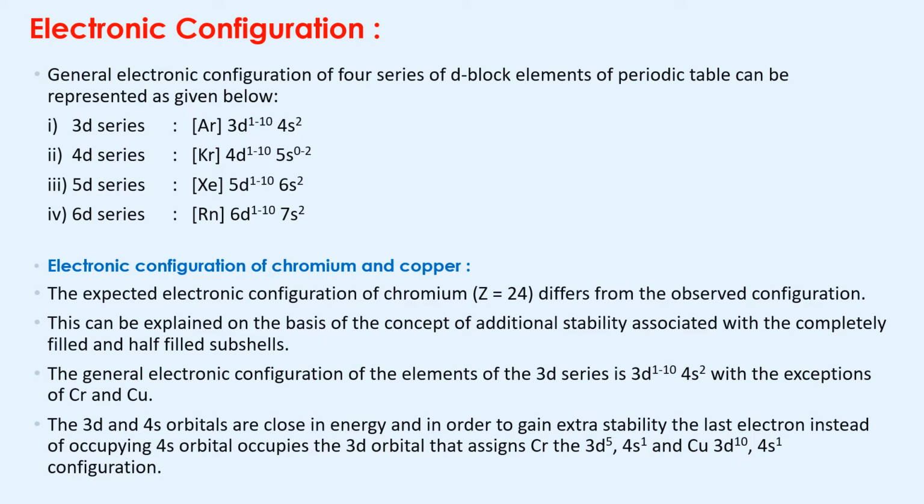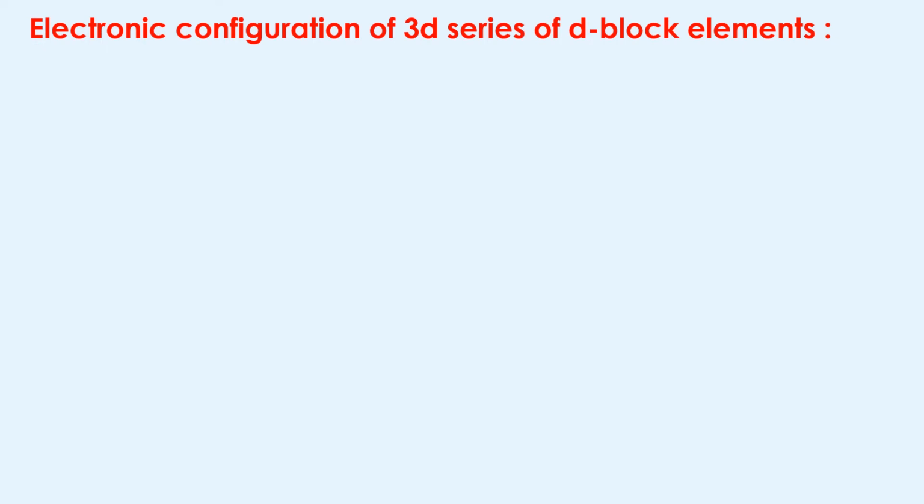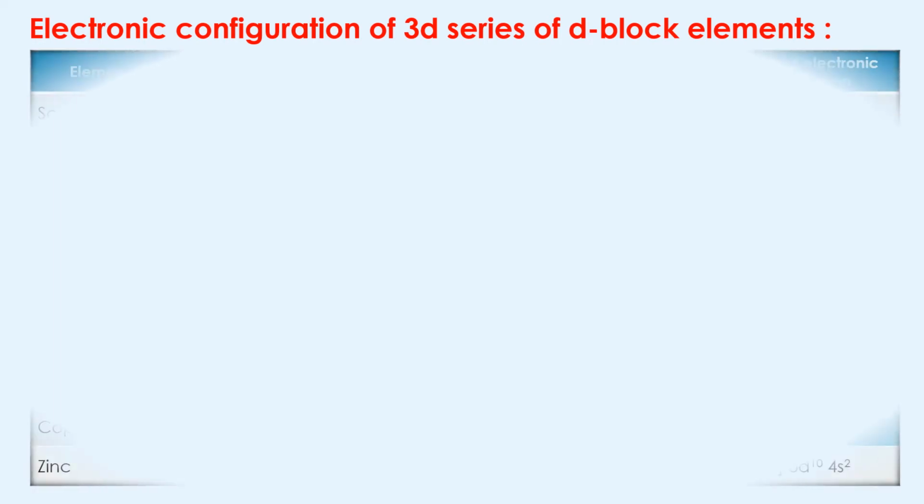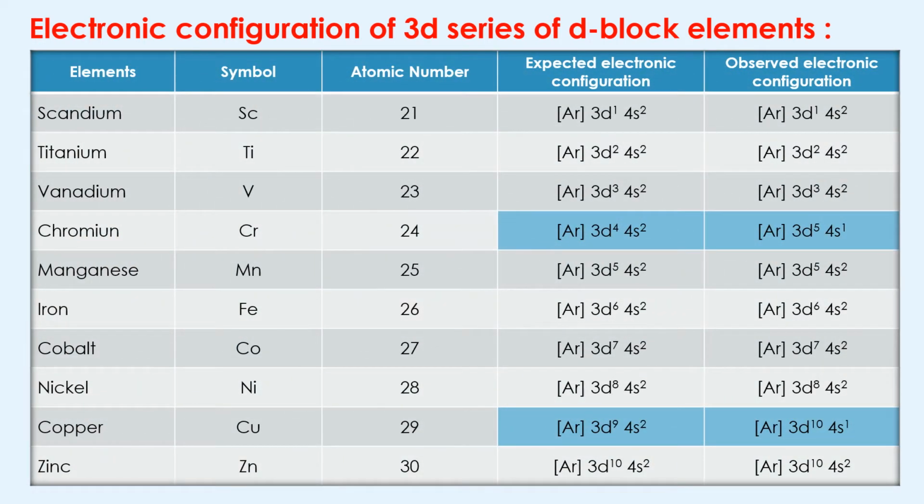It means they can rearrange the electrons due to the very low energy difference between the 3d and 4s orbitals.